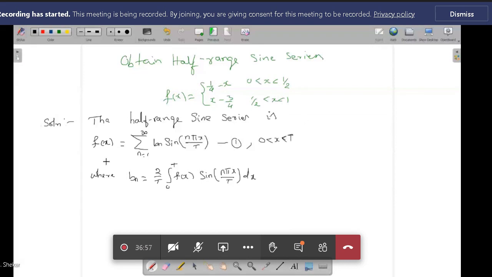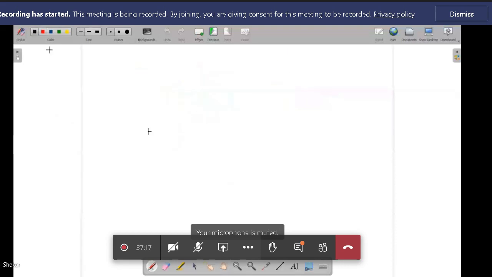The definition of this series f of x. So now here, it is given that f of x is a piecewise function and the value of t is 1. So with that information I can easily obtain bn. Okay, so let me calculate bn. So bn equals 2 by 1 integration from 0 to 1 f of x into sine n pi x by 1 into dx.